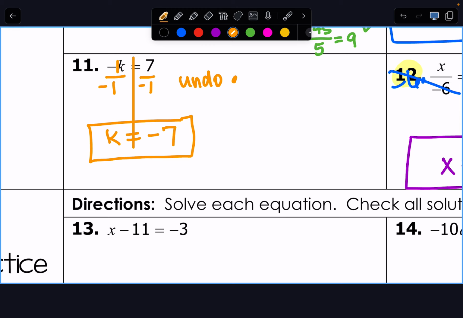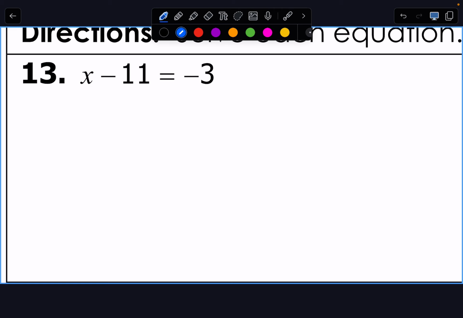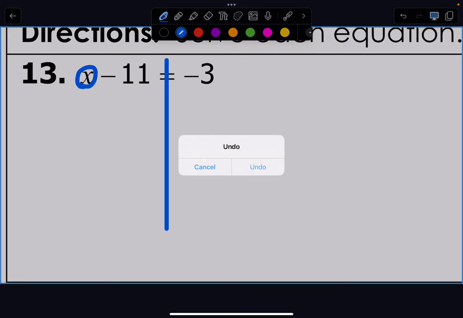What I want you to do is just put your pencils down. Okay? I don't want you to be writing this with me. So just put your pencils down. If I wanted to solve this problem, here's the variable. What number is with my variable? 11. I need to move 11.